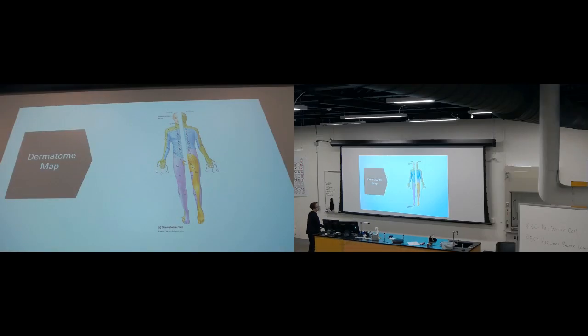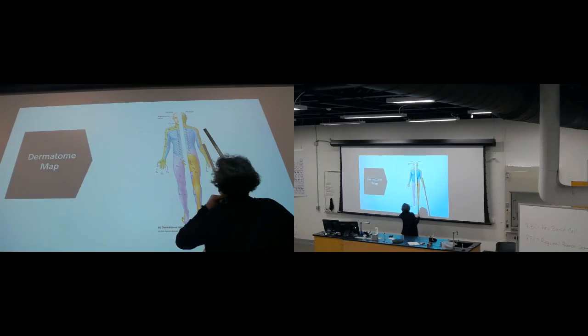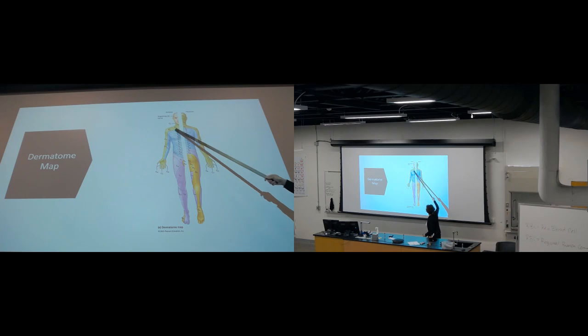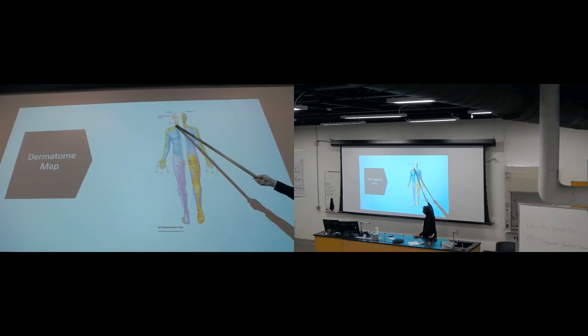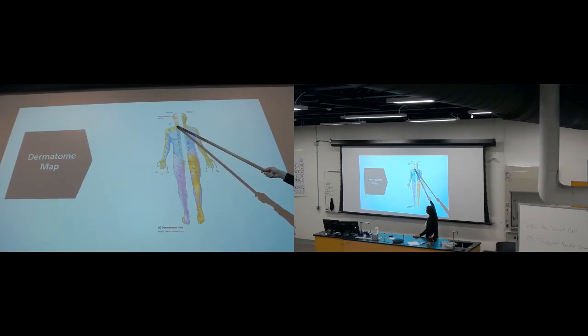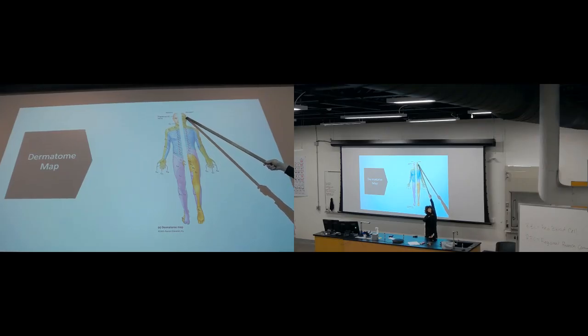So here is the dermatomal map. The anterior part of the body is half, and the posterior part of the body the other half. The area just below the chin and the mandible is monitored by C2, this area, and this upper part of the scalp, C2.